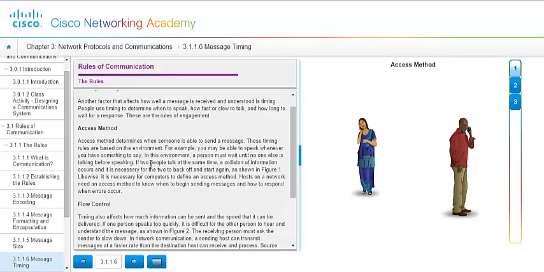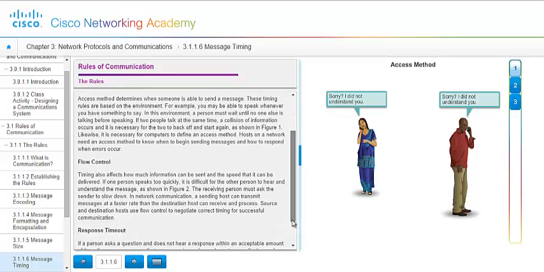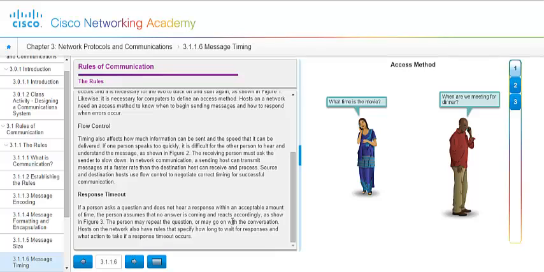If two people speak at the same time, a collision of information occurs, and it's necessary for the two to back off and start again. And if you have to back up and start again, you typically wait a second or two to see if the other person is going to start speaking again. The same thing is true with your segments and the packets that you're sending. With flow control, timing also affects how much information can be sent and the speed that it can be delivered.